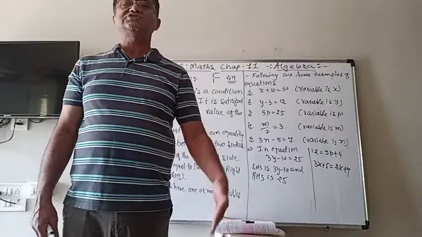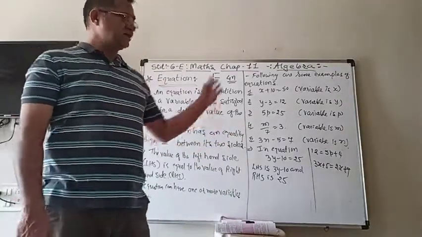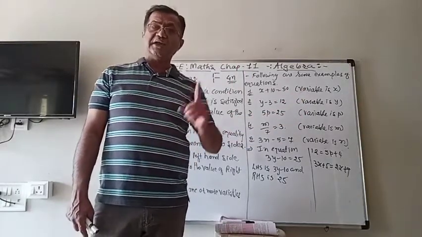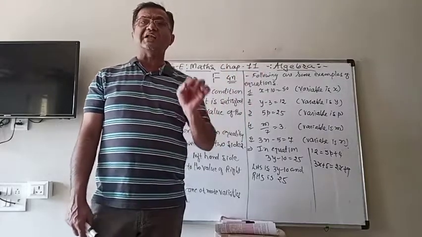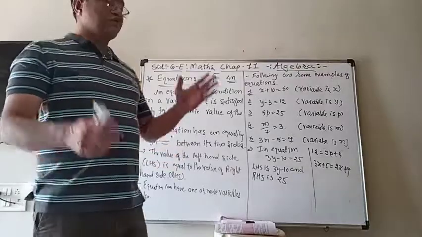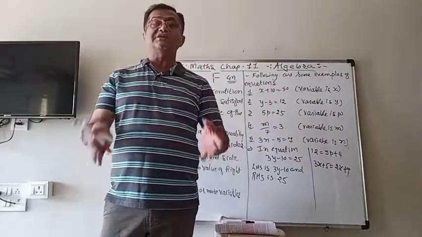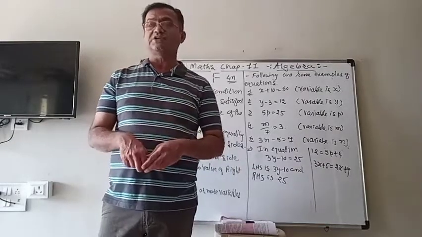The one which is on the left of the equality sign is known as LHS, and the other on the right side is known as RHS, and that is satisfied only for a definite value of the variable. And the other thing is that the value on both sides, meaning LHS and RHS, must be equal. That is the thing about an equation.